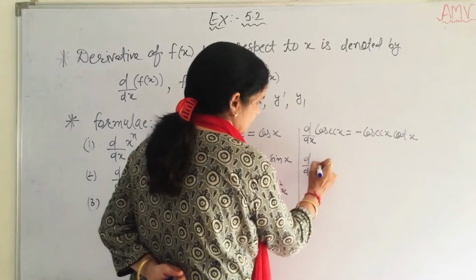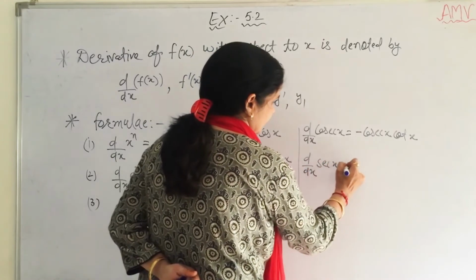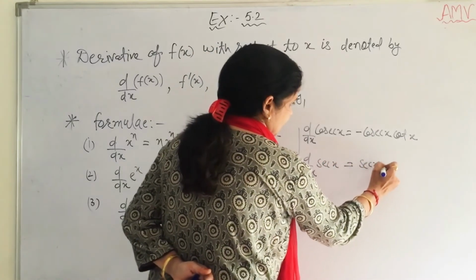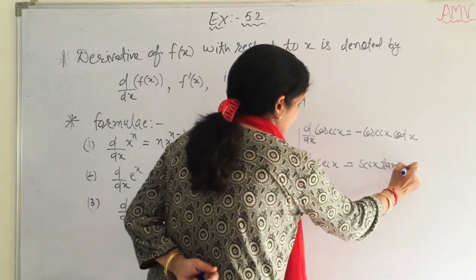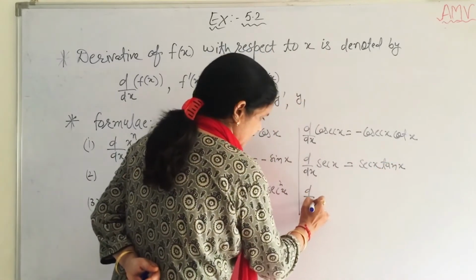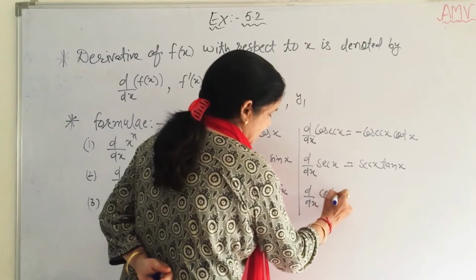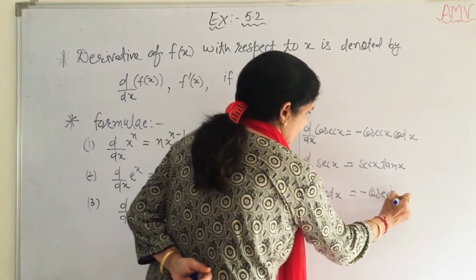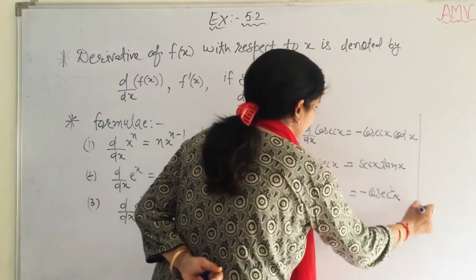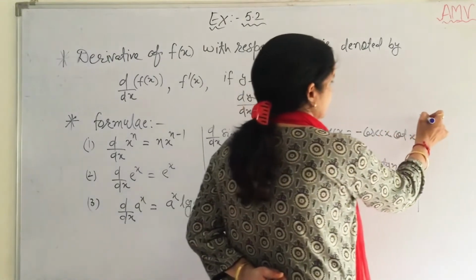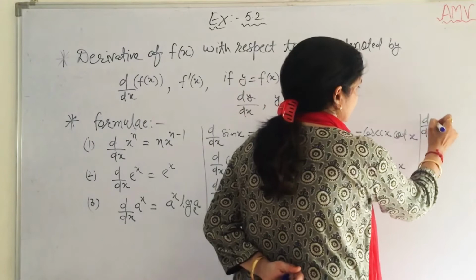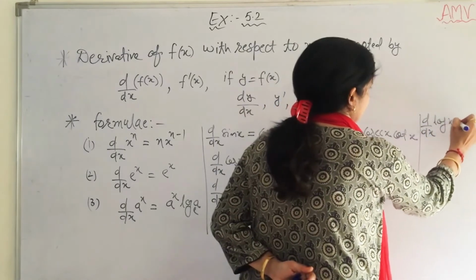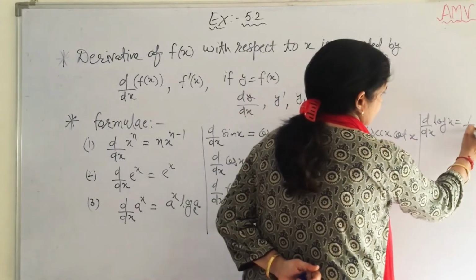The derivative of sec x is sec x tan x. And the derivative of cot x is minus cosec square x. And the derivative of log x is 1 by x.